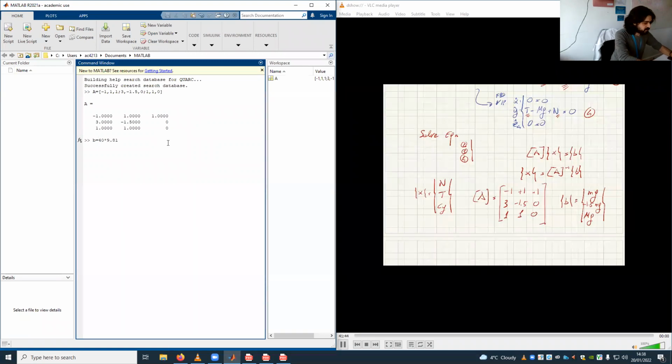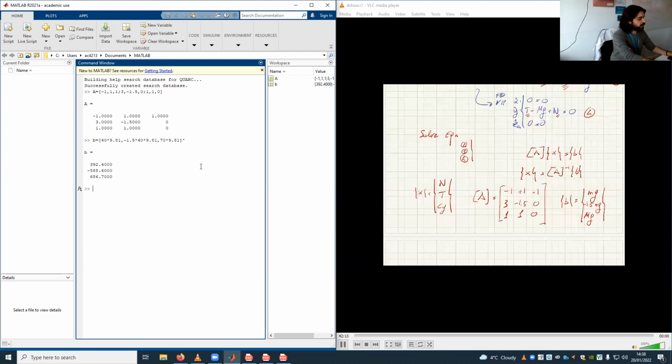This must be a column vector though, so this, comma, minus 1.5 times this, comma, 70 times 9.81, transposed because we want a column vector.